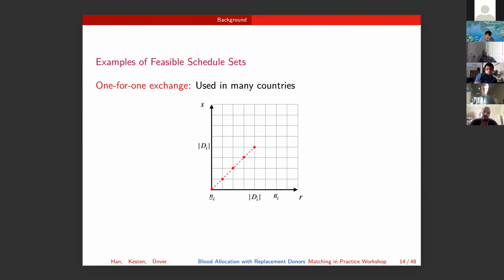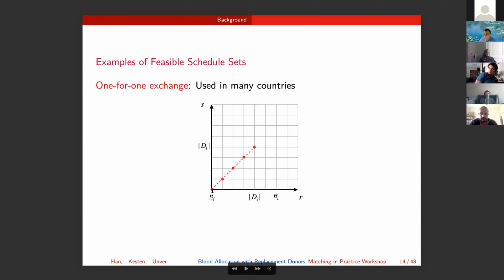This graph will be important in the presentation. I will come back to this graph over and over again. The horizontal axis is the received units, and the vertical axis is the supplied units. Here is an example where the lower case n_i bar is equal to 0, of a feasible schedule set of 1-for-1 exchange. Basically, this tells you which of these schedules are feasible.